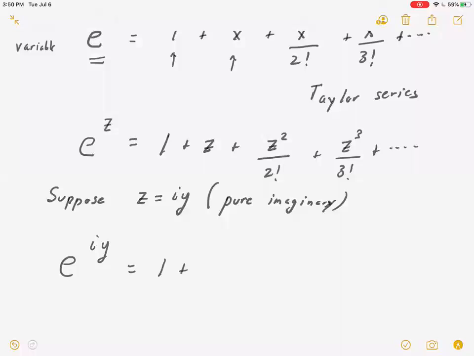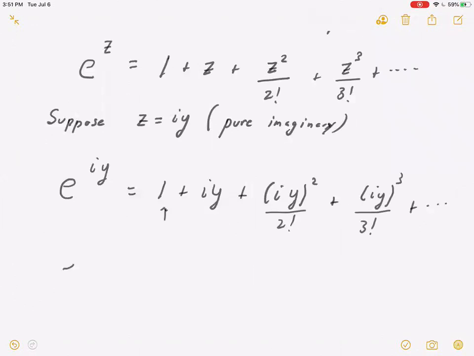And the first couple of terms are going to look as follows. I have 1 plus iy plus (iy) squared over 2 factorial plus (iy) to the third divided by 3 factorial, and that goes on.